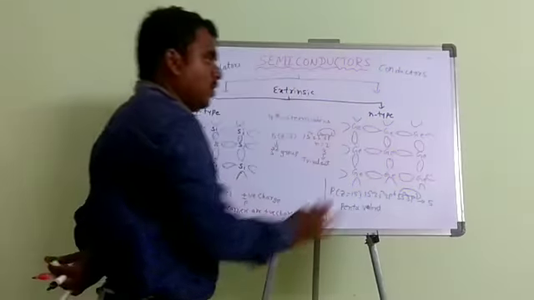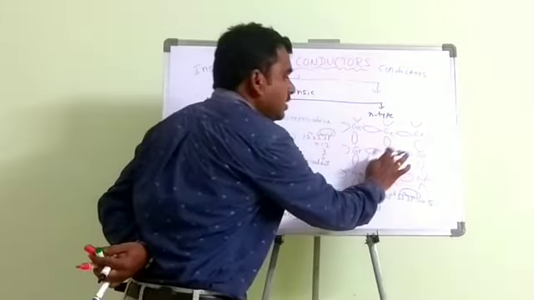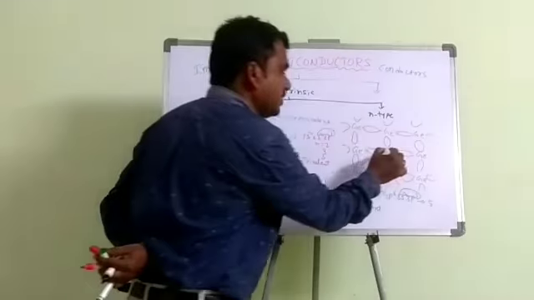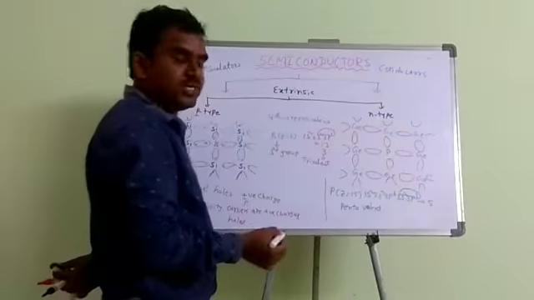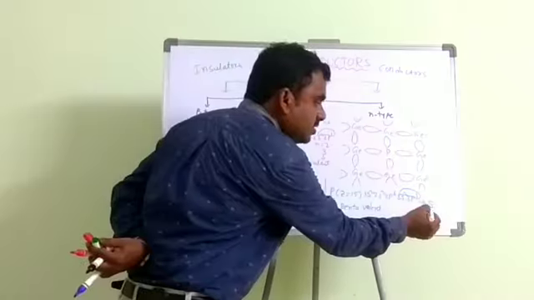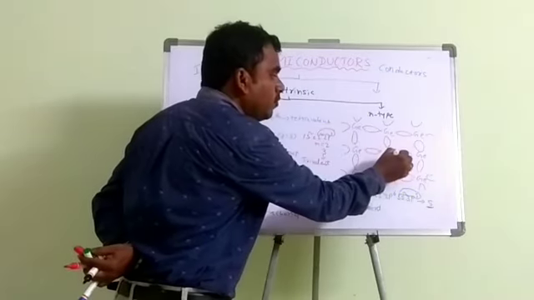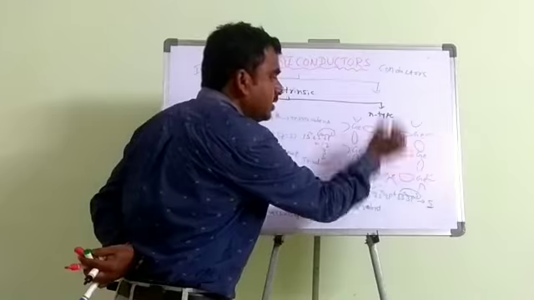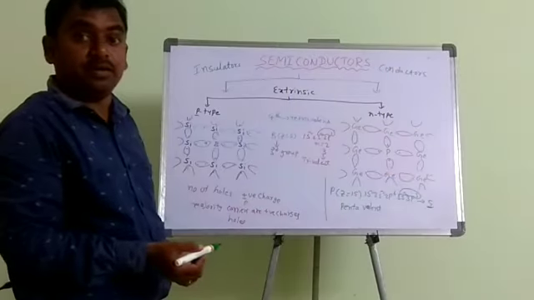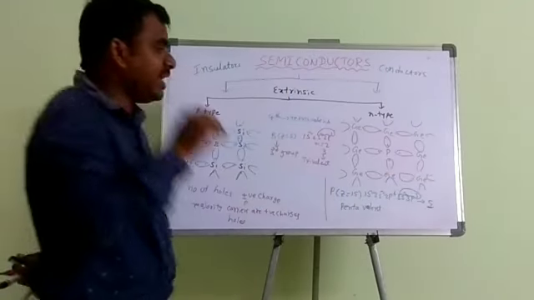Now, if you dope with phosphorus, how many electrons does phosphorus have in the valence shell? 5. Out of 5 electrons, 4 participate in the covalent bond, but there is one excess electron.